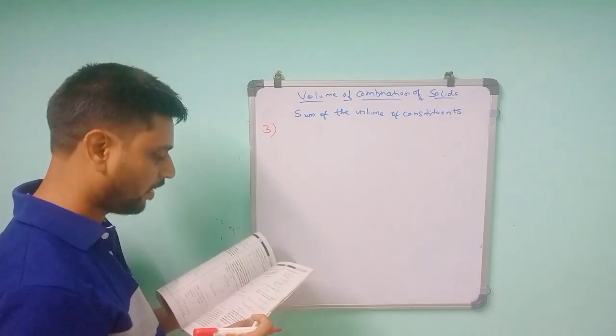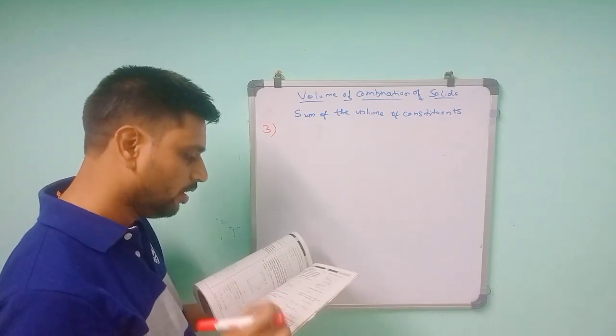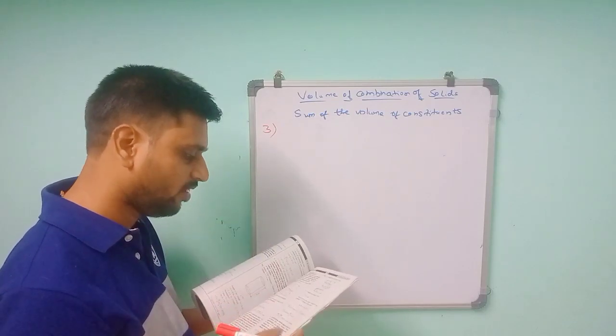So, given the diagram of that one gulab jamun, it contains sugar syrup up to 30% of its volume.